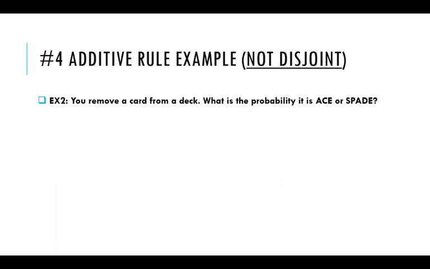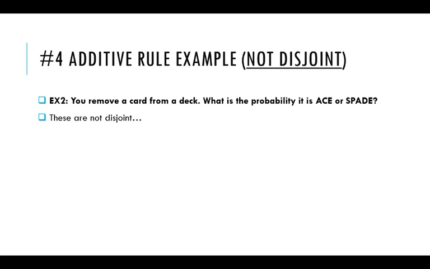Let's do another example. So example number 2, you're removing a card from a deck. And we want to know, what is the probability that it's an ace or a spade? An ace or a spade. Do we agree that these events are not disjoint, right?